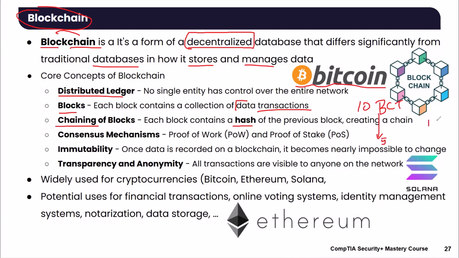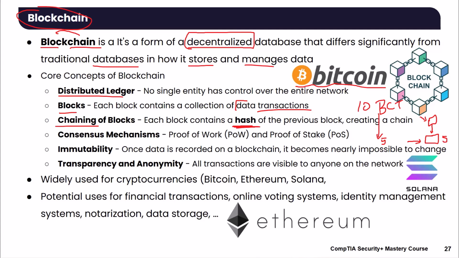That means there was a block with my 10 Bitcoin. And then I just give Eugene 5. So there's another block that gets created for that transaction. This new block is going to tell me I have 5 left, and then I have sent 5 to Eugene. And that information is going to be hashed. Oh, yeah.